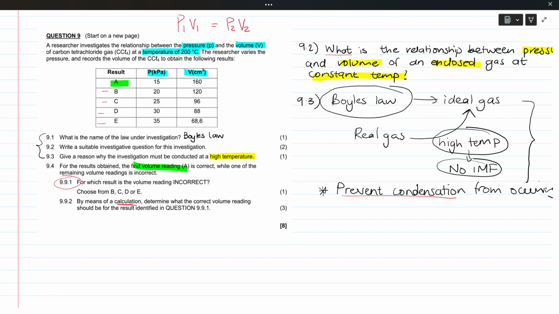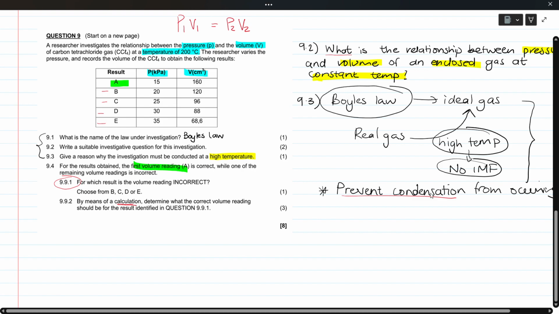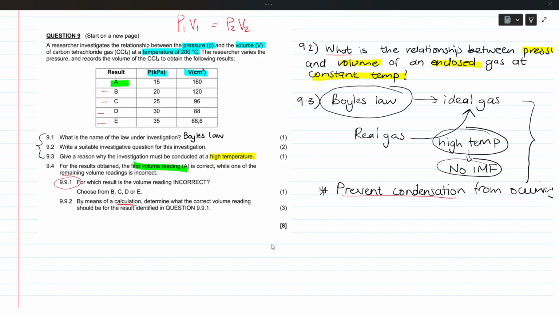Try 9.9.1. Just do 9.9.1, and then when we're done with that, we'll move on to the second one. And your hint here is, remember, we've only done one equation, and you know one of the correct readings. So using that information, you now need to find out which reading is incorrect.